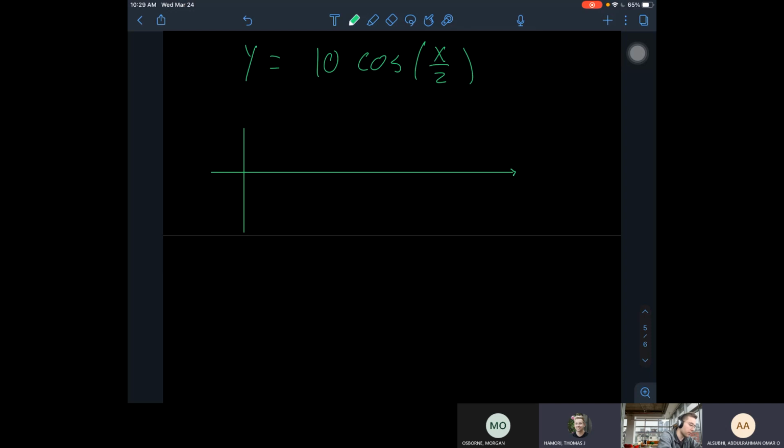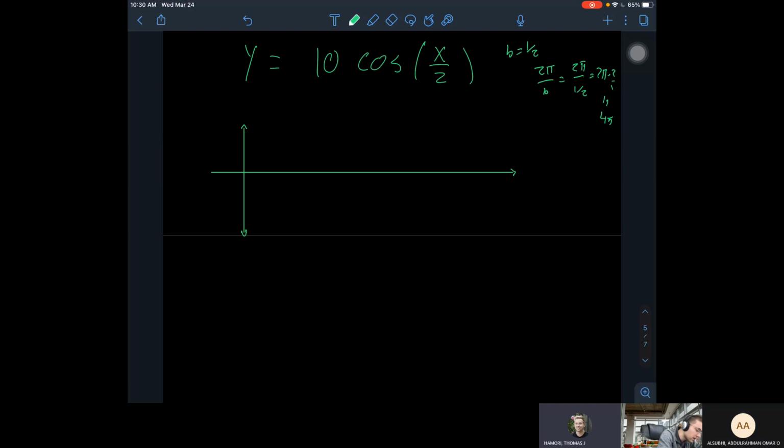Okay, what should the period and amplitude be? The amplitude will be 10. And the period? The period is 2 pi. Should it be 2 pi? No, sorry, it will be 4 pi. That's right. The period should be 4 pi, because here b is equal to 1/2, so 2 pi over b would be equal to 2 pi divided by 1/2, which is 2 pi times 2 over 1, which equals 4 pi.